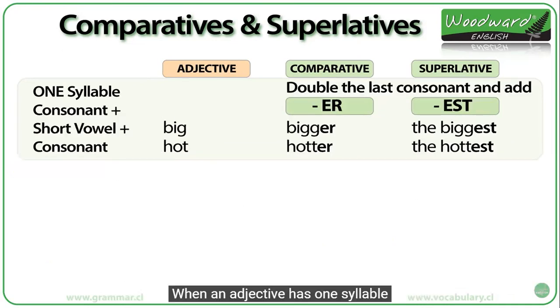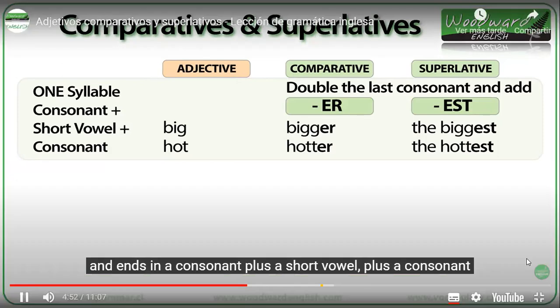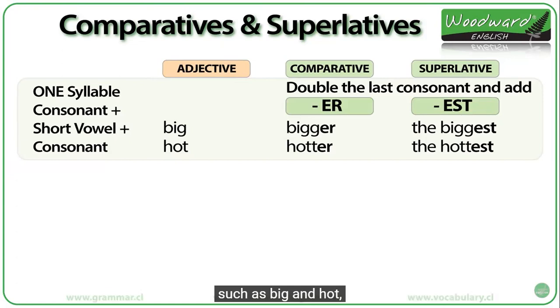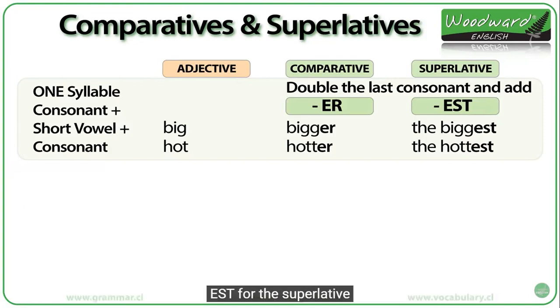When an adjective has one syllable and ends in a consonant plus a short vowel plus a consonant, such as big and hot, we double the last consonant and add er for the comparative and est for the superlative.